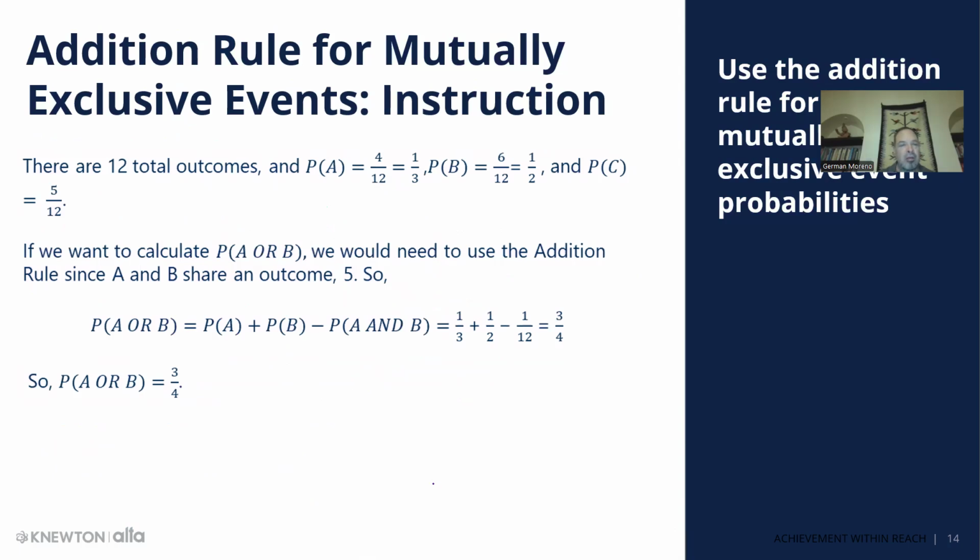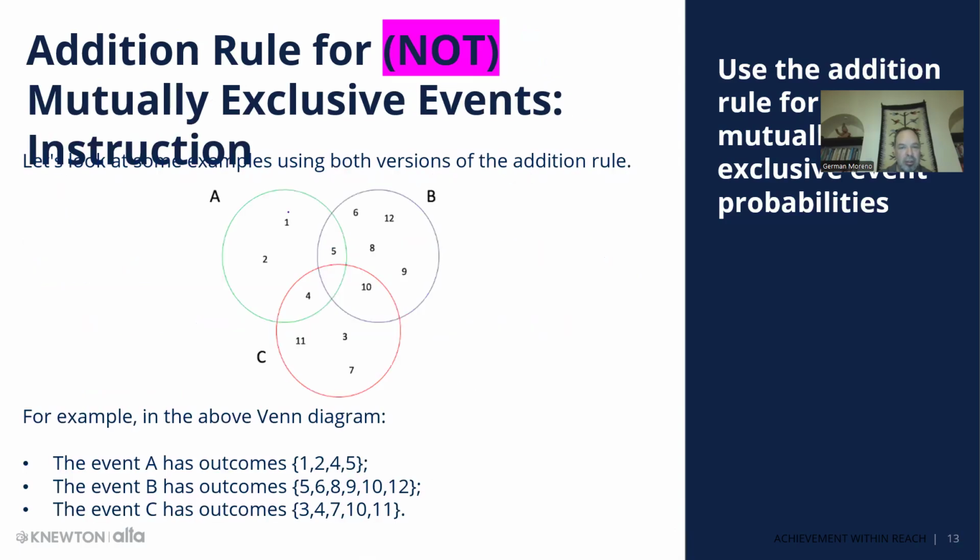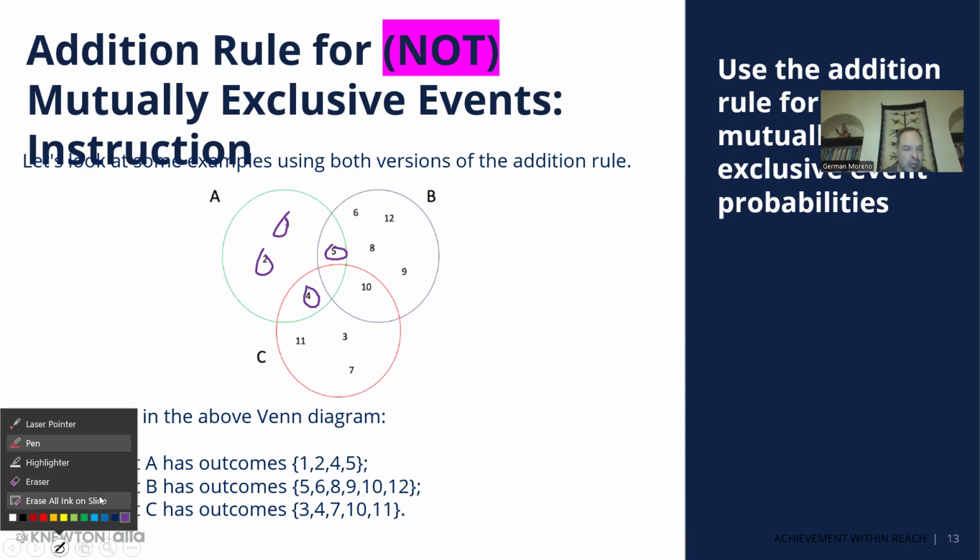There are 12 total outcomes, and the probability of A is 4/12, which is a third. So if you count, there's one, two, three, four things in A, and there's 12 total things.